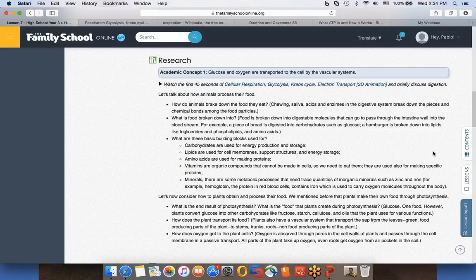If I remember right, the oxygen goes into the bloodstream. Do you remember the name of the carrier of oxygen in the bloodstream? Are those the red blood cells? The red blood cells, absolutely right.